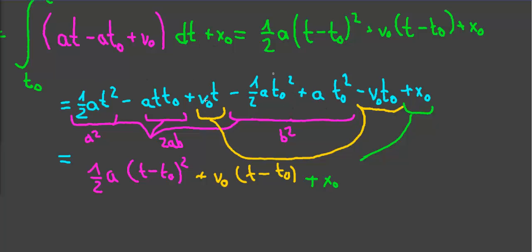Now we add x0 at the end, because it says so. We have some strange terms here, but if we look very closely and we already know what comes out in the end, we can see this is the quadratic formula for some arbitrary a squared, 2ab and b squared. If we connect the dots, we get this for the acceleration part, this for the velocity part, and the x0 for the x part.